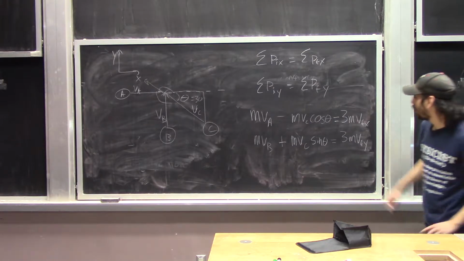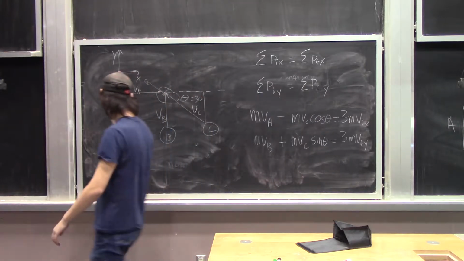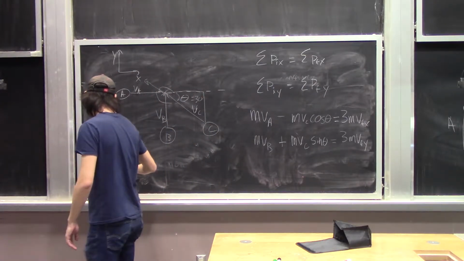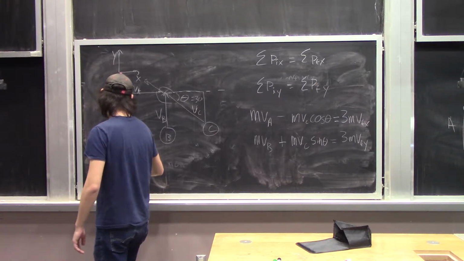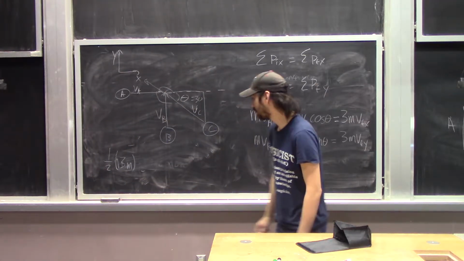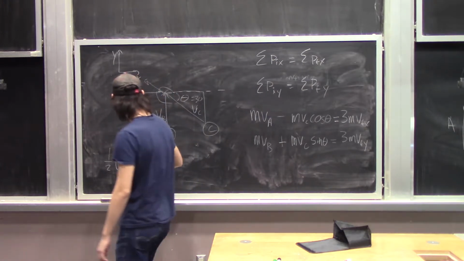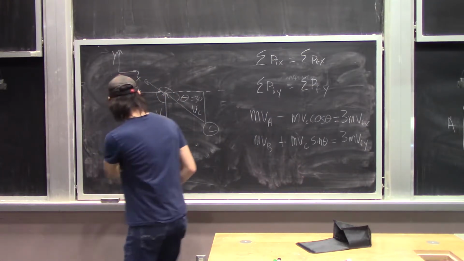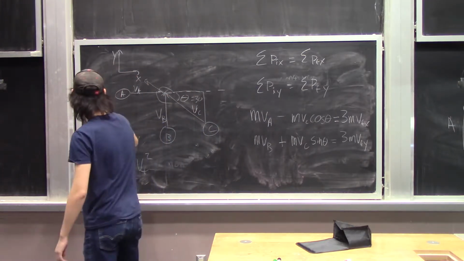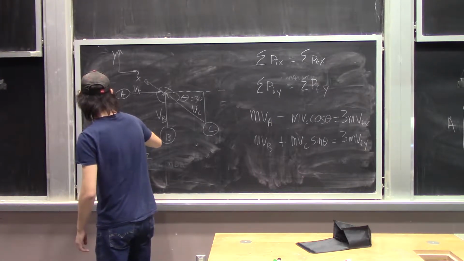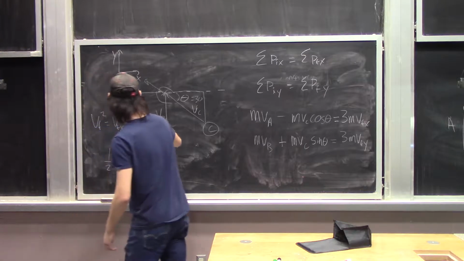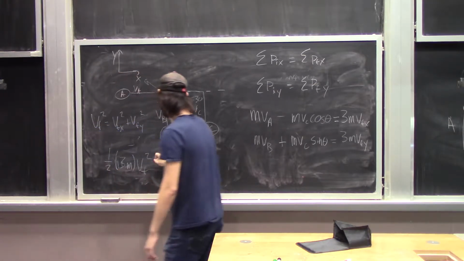In the final state, the kinetic energy is going to be, well, it's really 1/2 times 3m, because we have all three of these masses, times the final velocity squared, where this Vf squared is just going to be equal to Vfx squared plus Vfy squared.